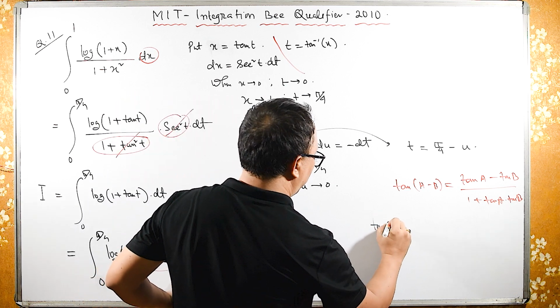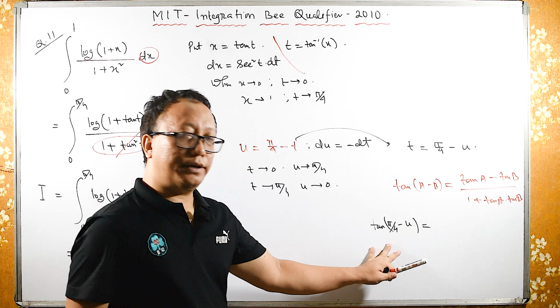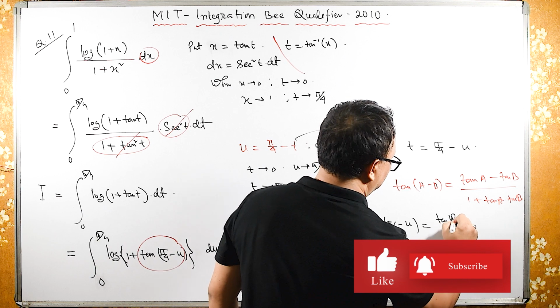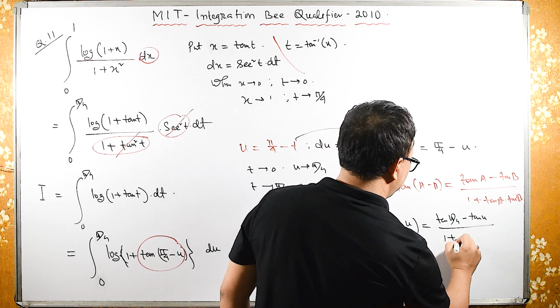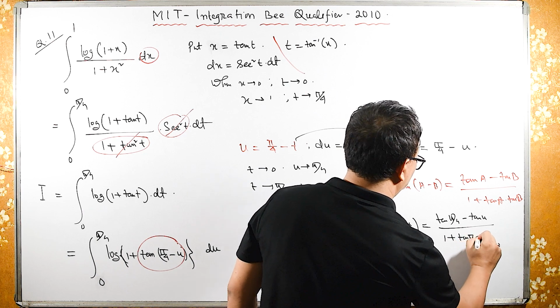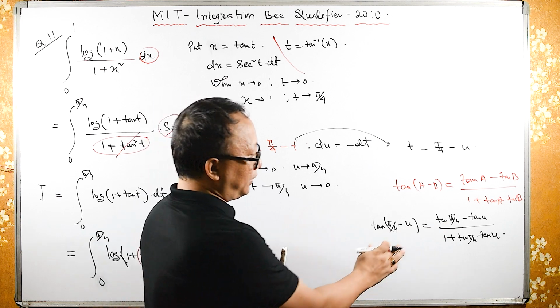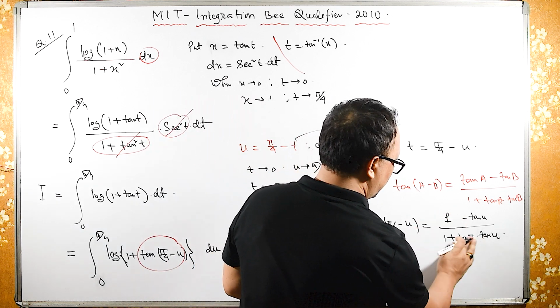Therefore tan of (pi by 4 minus u) equals, we know that tan pi by 4 is 1, so (tan pi by 4 minus tan u) upon (1 plus tan pi by 4 into tan u). The value of tan pi by 4 is 1.